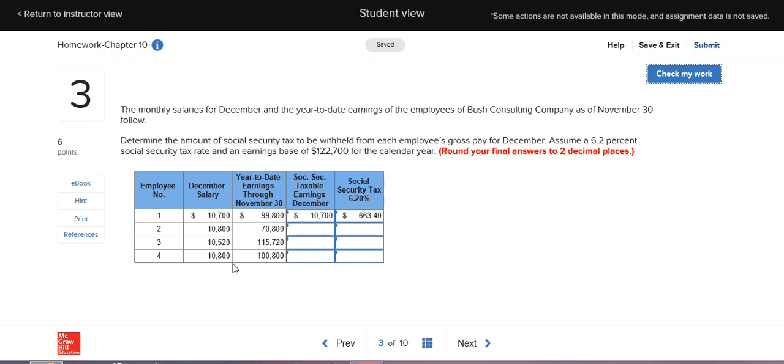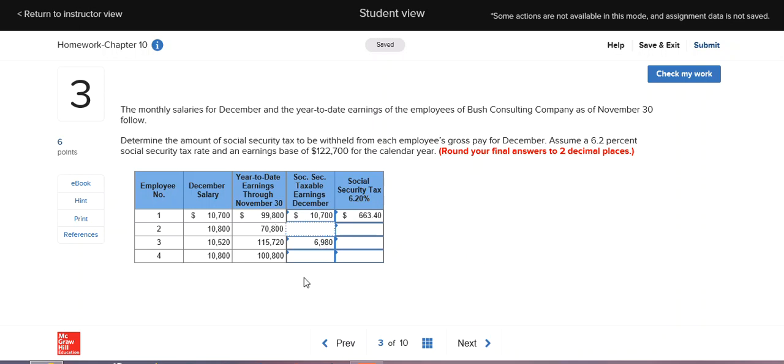So if they can only be taxed on $122,700 and they've already been taxed on this previous amount, that leaves them $6,980 that they still can pay tax on, and then they reach that limit where they don't have to pay Social Security taxes anymore. So $6,980 is the only part of this $10,520 that they've earned that can be taxed. The rest of it is non-taxable.